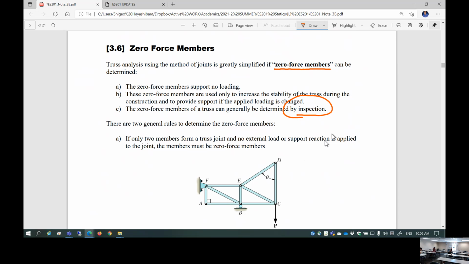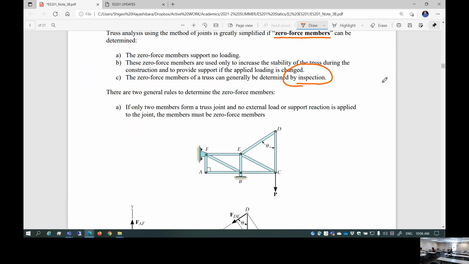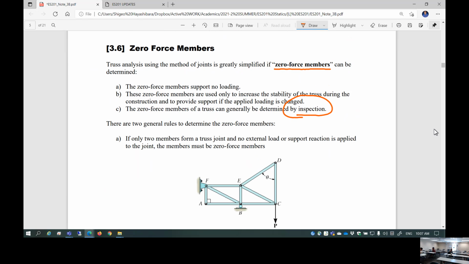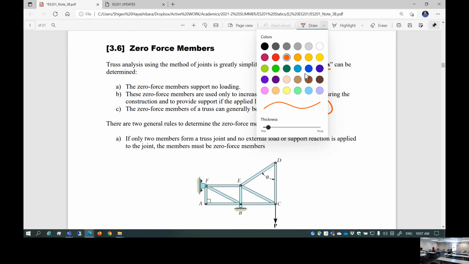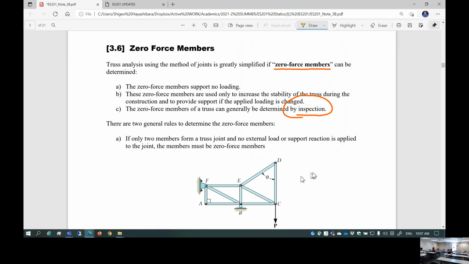So 2 methods, okay? This is quite important, 2 methods. Part A, if only 2 members form a truss joint and no external load or support reaction is applied to the joint, the members must be zero force members. What are those joints? Anybody? Please go ahead, try. If only 2 members form a truss joint and no external load or support reaction is applied to that joint, those 2 members are zero force members.